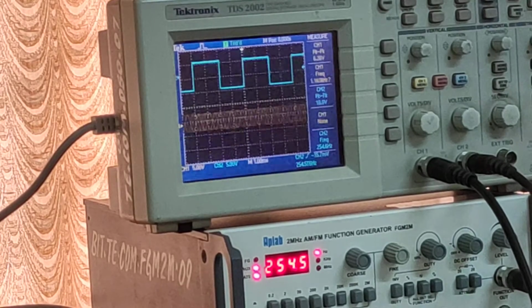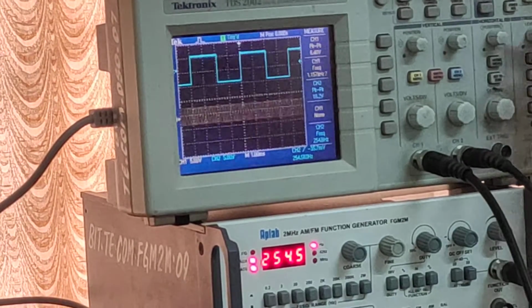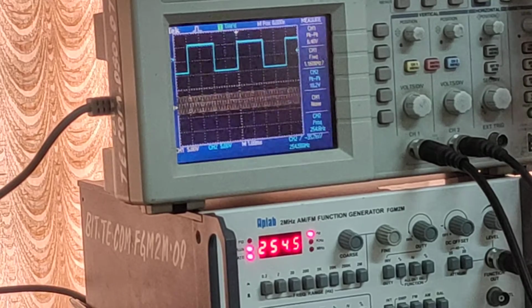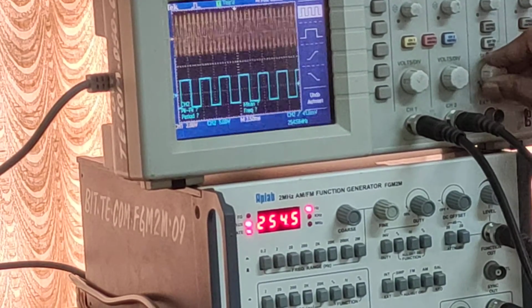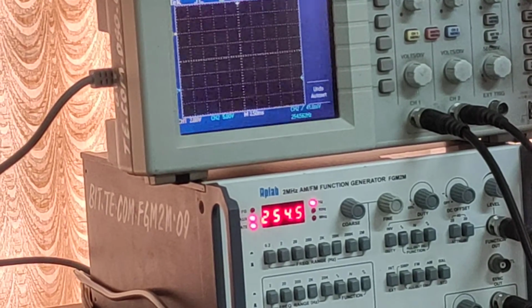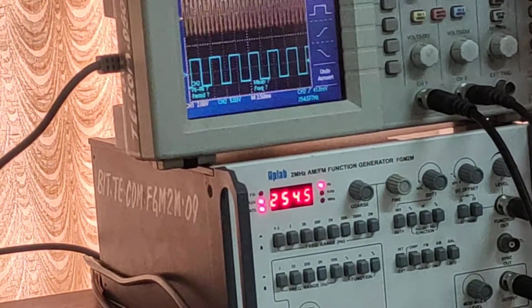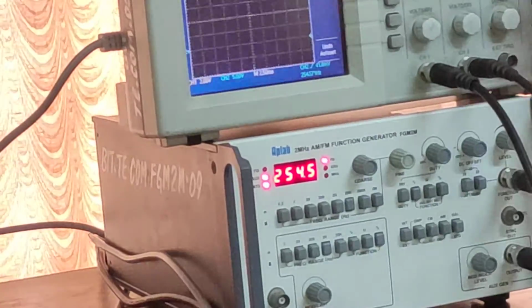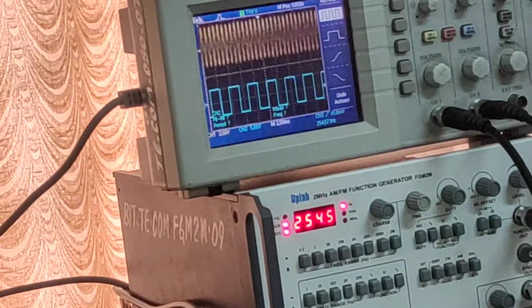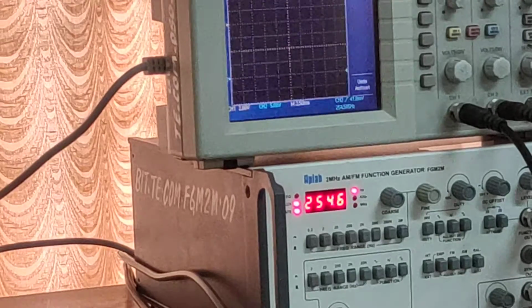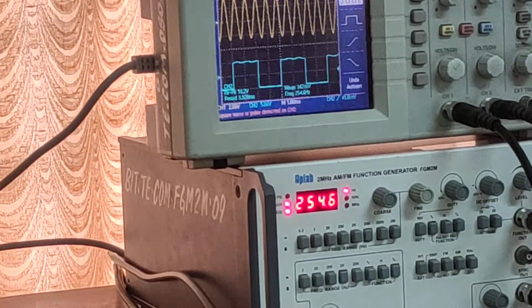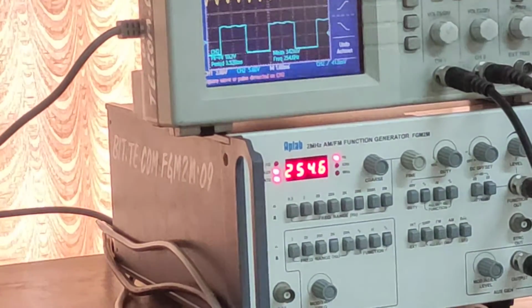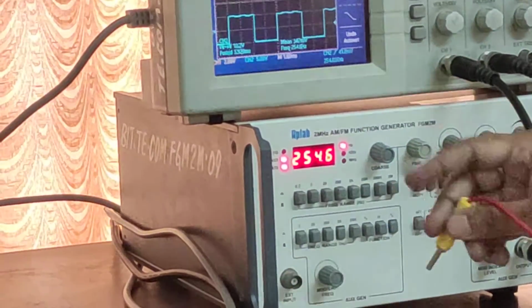This is in the collector of the transistor. Now we measure the signal, which is given in both the channels.